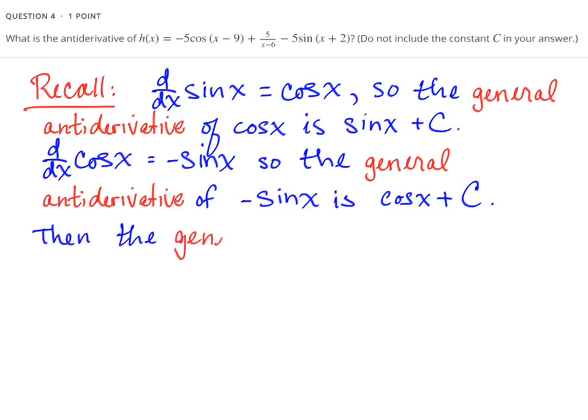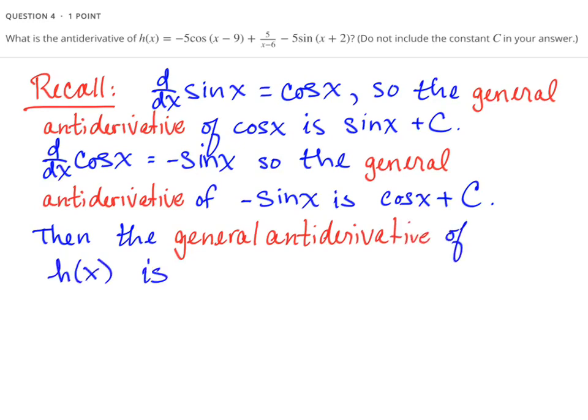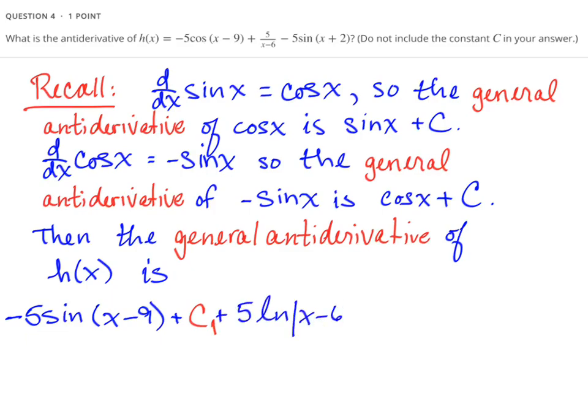Now, putting it together, the general antiderivative of h of x is going to be negative 5 sine of x minus 9 plus c1, plus 5 natural log of absolute value of x minus 6 plus c2, plus cosine of x plus 2 plus c3.